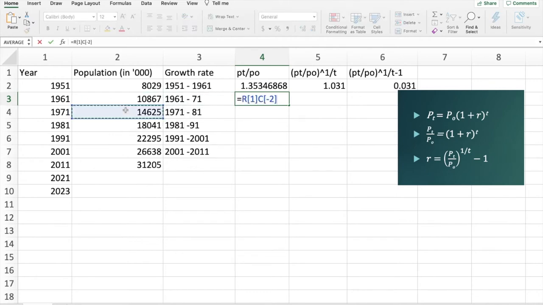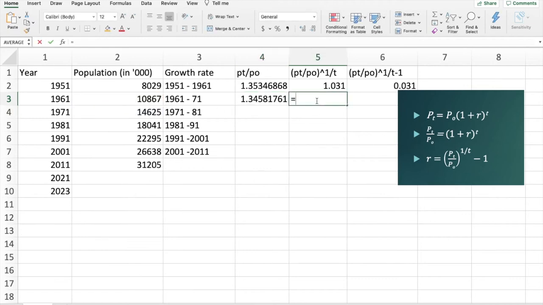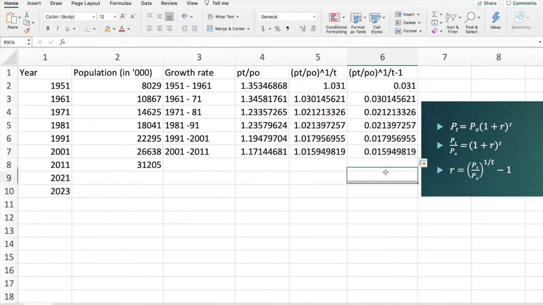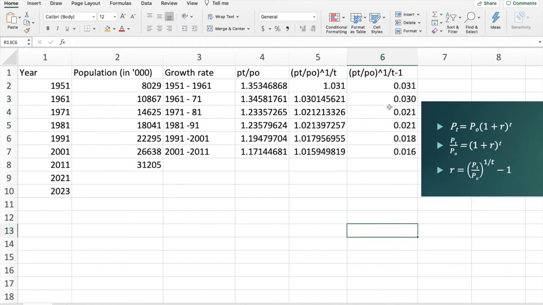So this divided by this, then equal to this to the power 0.1, equal to this minus this. Like this also we can do one by one, or we can manually pull it like this and also get the result. You can get the result like this. So these are the growth rates. We can reduce the decimal points. So this is the annual growth rate for each year.